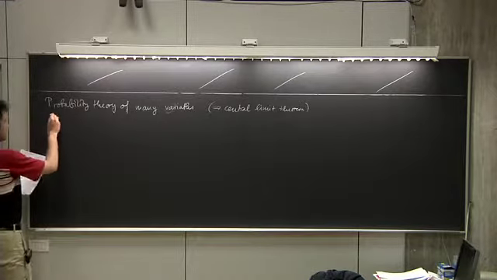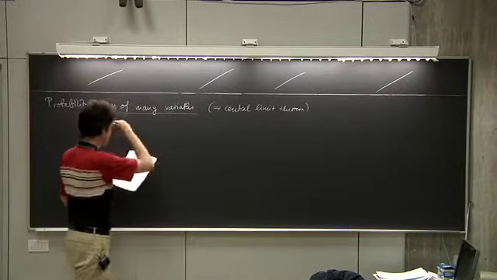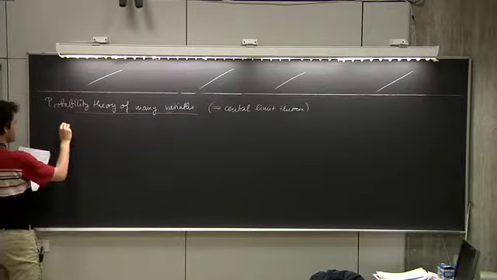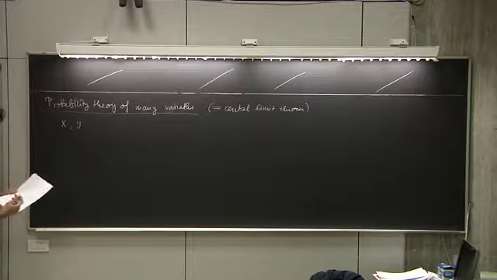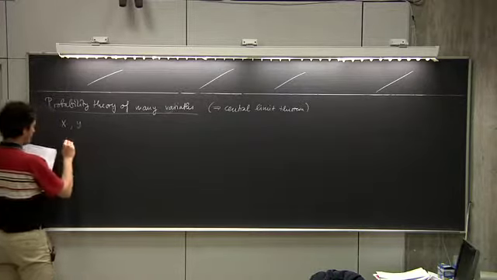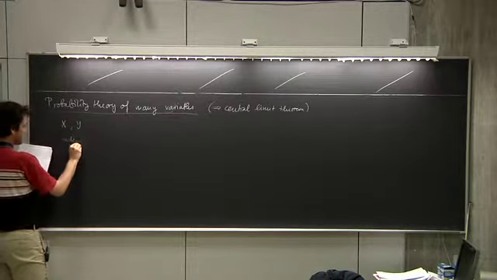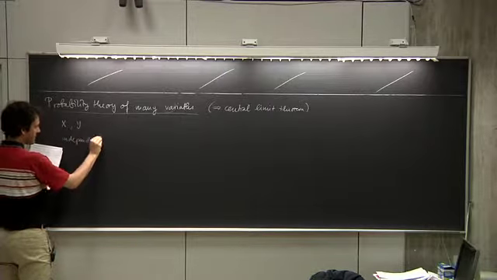Okay. So the first thing we'll repeat is we take two random variables, x and y. They can be discrete or continuous. And did you discuss what it means that these variables are independent?